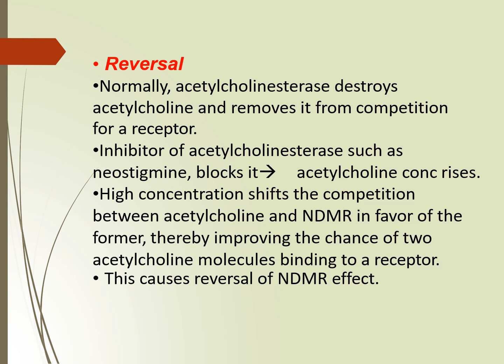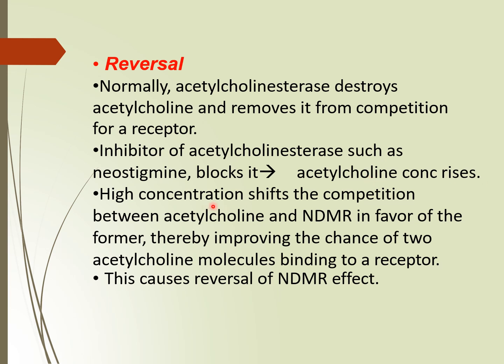Normally the acetylcholine esterase enzyme destroys ACH and removes it from competition for a receptor. But here the receptors are already blocked, so more ACH is required. So if we inhibit this acetylcholine esterase enzyme with the help of drugs like neostigmine, the acetylcholine concentration rises.